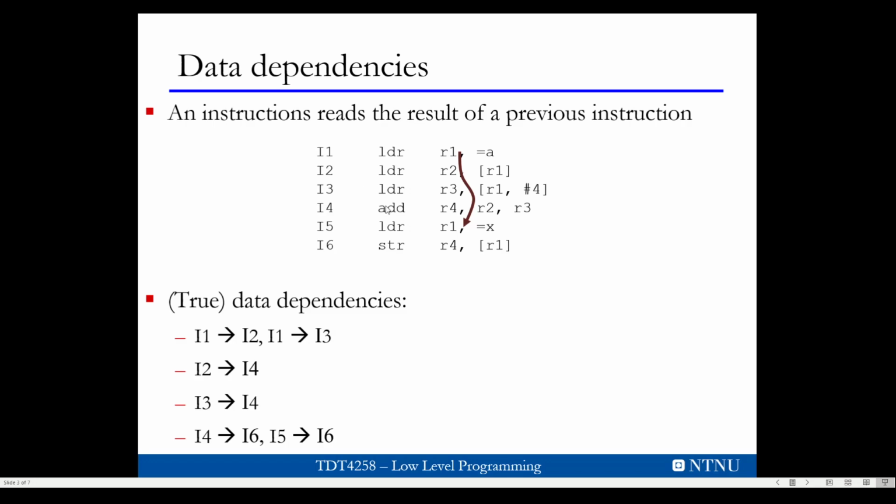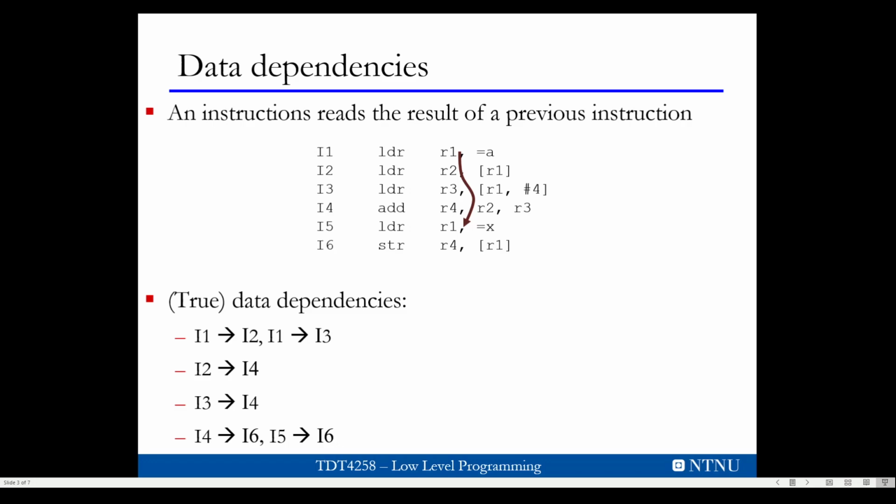Okay, so let's try to do that. Let's say we take I5 from here and place it here. Then what would happen to the execution of I6? What's happening right now is I6 is using this address which corresponds to this variable in memory. If we put I5 on top of I1, this R1 would be the value written here. So instead of using the address of this variable, we would be using the address of this variable in I6, which means wrong execution.